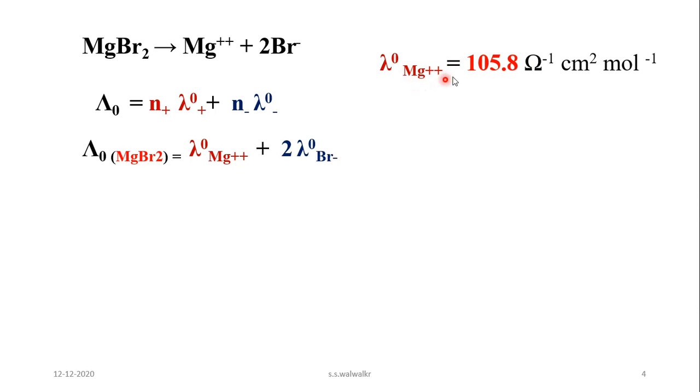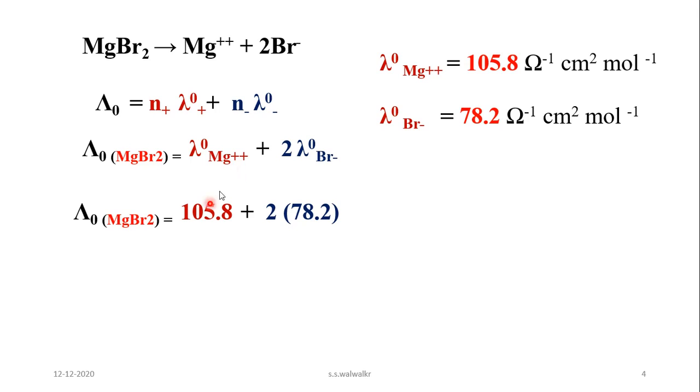Now lambda 0 of Mg ion is 105.8 and lambda 0 of bromide ion is 78.2. So we will substitute these values. Lambda 0 of MgBr2 is equal to 105.8 plus 2 into 78.2.